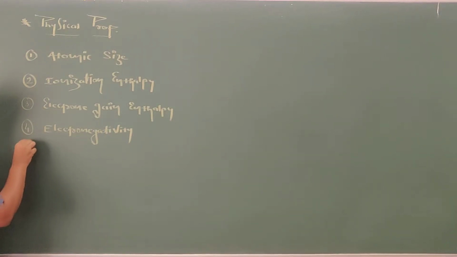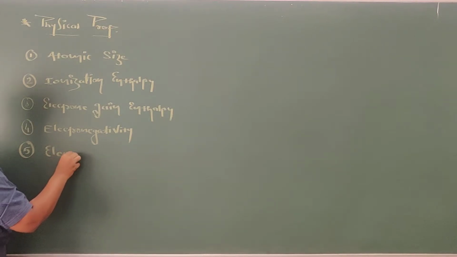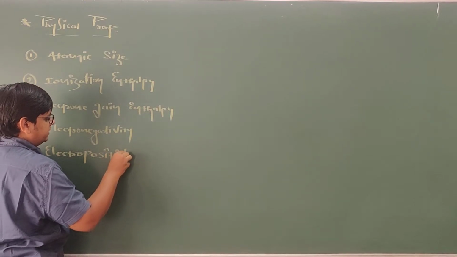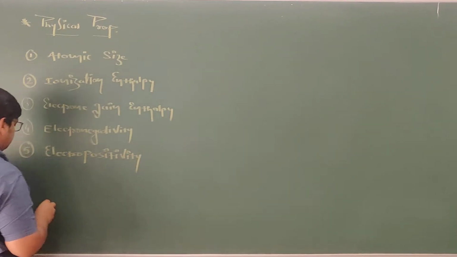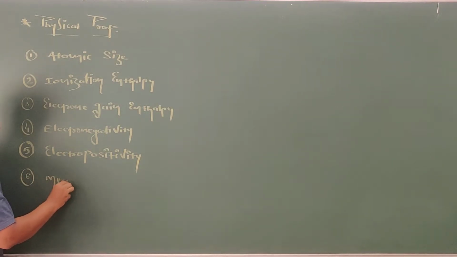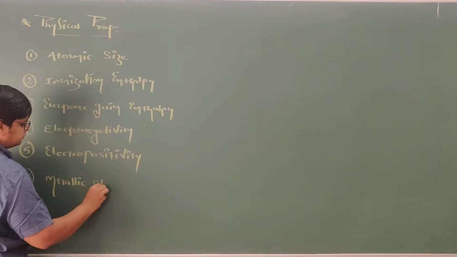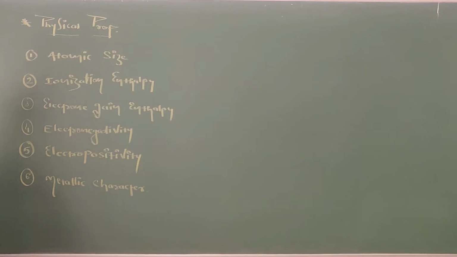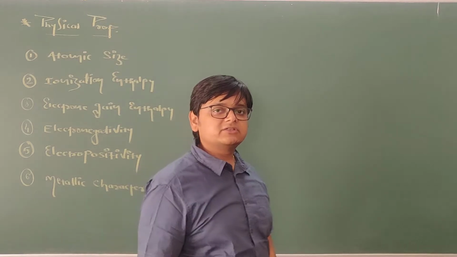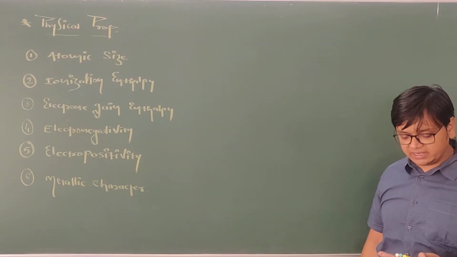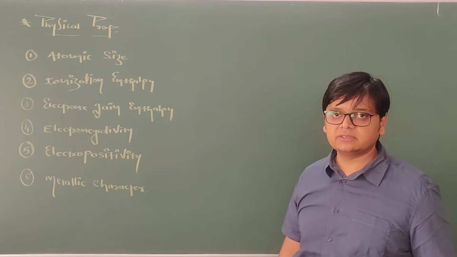Fifth one is electropositivity. Next is metallic character. So these are the physical properties that we can discuss throughout the chapter.